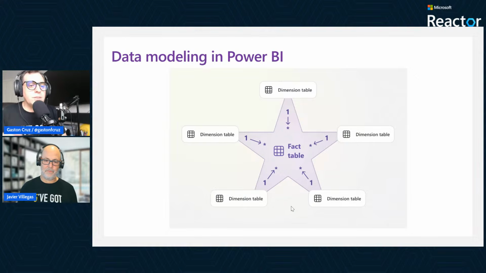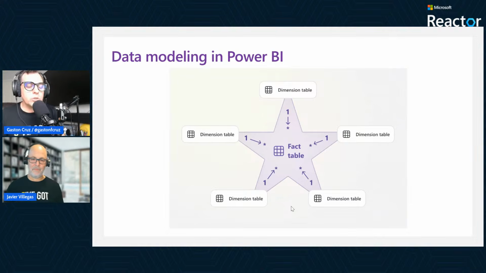When I'm talking about dimensional tables, we can talk about a date table, for example, countries, states. Those are dimensional tables because they are meaningful for your data model to identify how to slice the data. So when you are thinking about how to slice the data, that's the component.